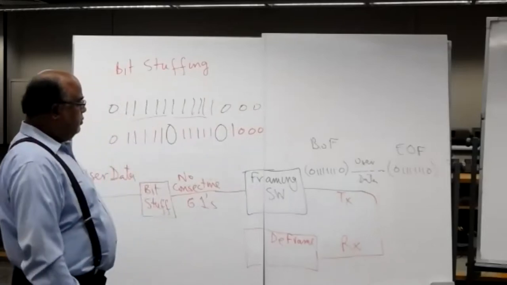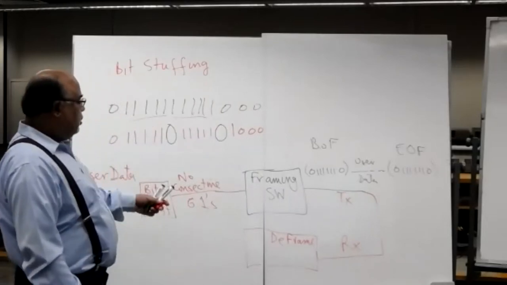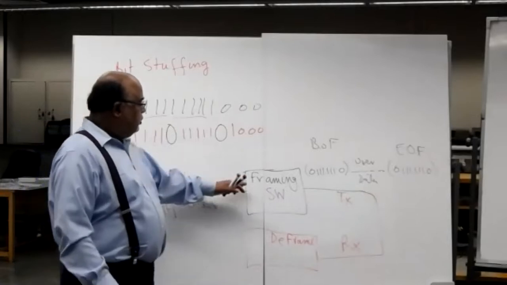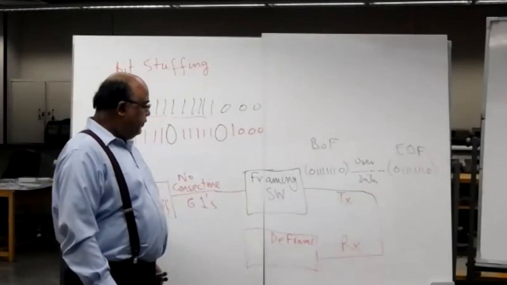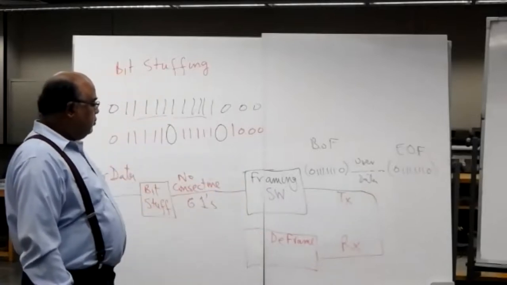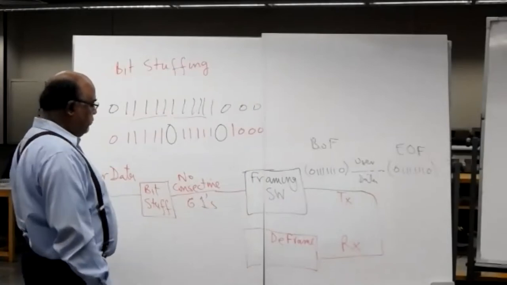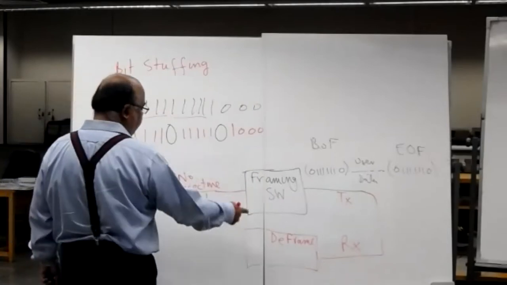If you are sending a Word document, it will be converted to frames. After deframing software, you will get your Word document back, but it will have zeros after every 5 ones.